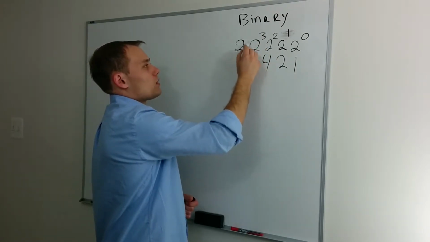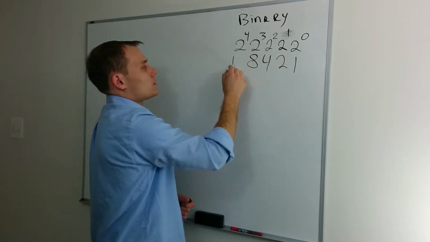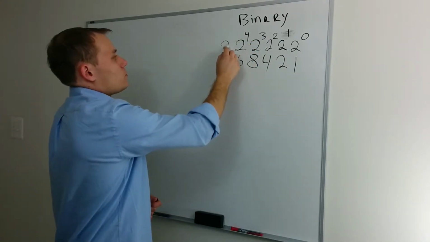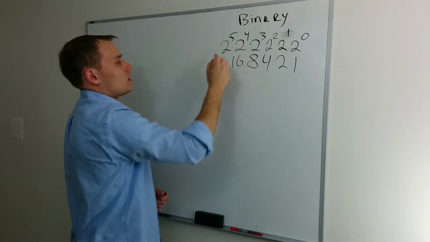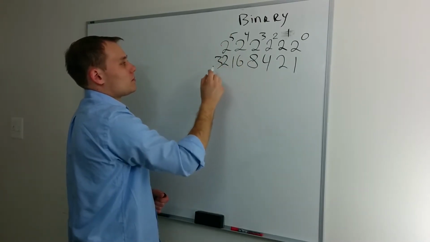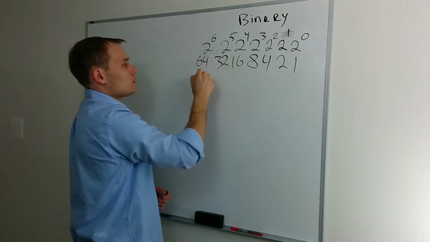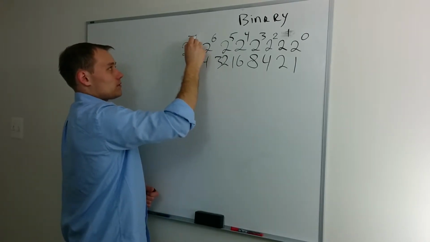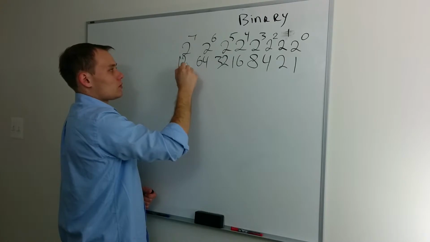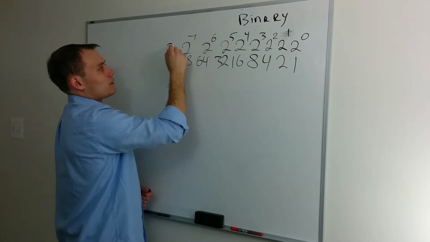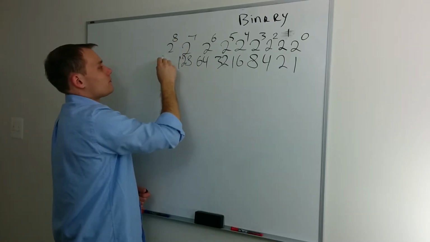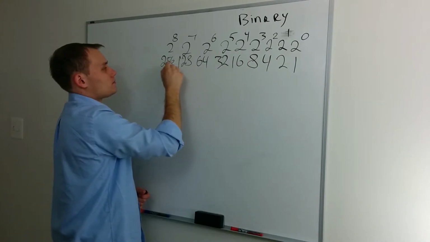Then 2 to the power of 4, which equals 16. Then 2 to the power of 5, which equals 32. Then 2 to the power of 6, which equals 64. 2 to the power of 7, which equals 128. And then finally we have 2 to the power of 8, that equals 256.